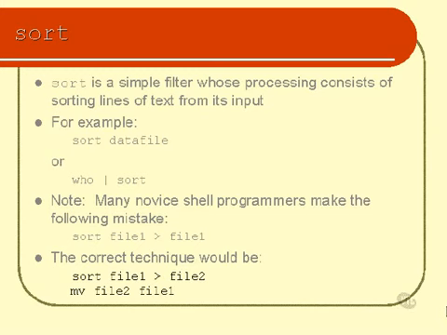So keep that in mind, not just for sort, but for any filter. If you want to perform processing on a file on your disk, like sorting, but it could be anything else, and after that processing is completed you want the actual file to have been modified, then you have to use this technique. Anyway, that's all I want to say about sort for the moment. Let's move on.